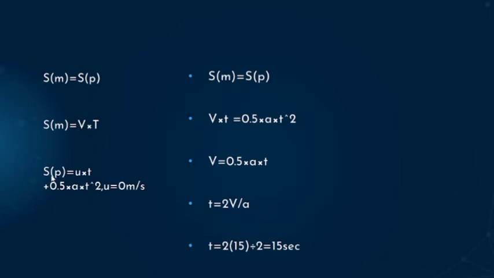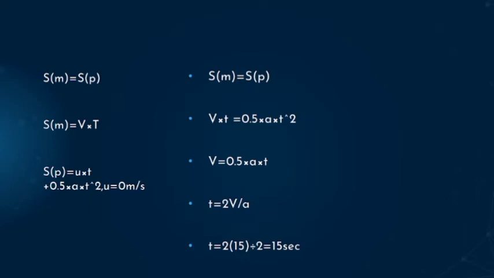And for the distance of the police officer, we use the uniformly accelerated motion formula, which is u times t plus 1 over 2, or 0.5, times a times t squared. a is the acceleration of the police officer, t is the time taken by the police officer.